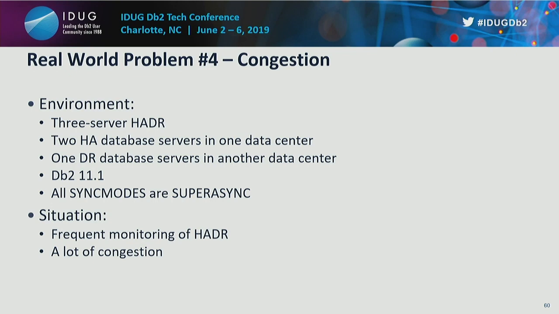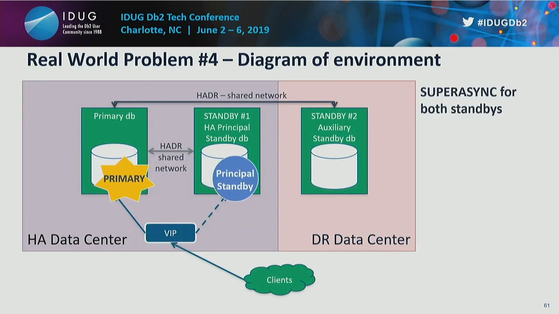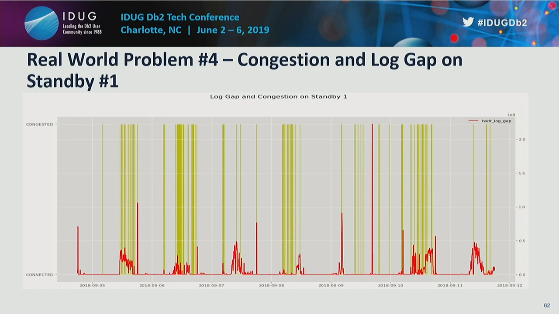And the situation is that they brought me in to do a health check of HADR. I do a lot of health checks in environments, and they were having problems with HADR. They brought me in. They wanted me to look at it in detail. And in this particular case, they were collecting a lot of data. And so I took out and I graphed out some of their congestion and log gap. The yellow means that's time when there was a congestion.